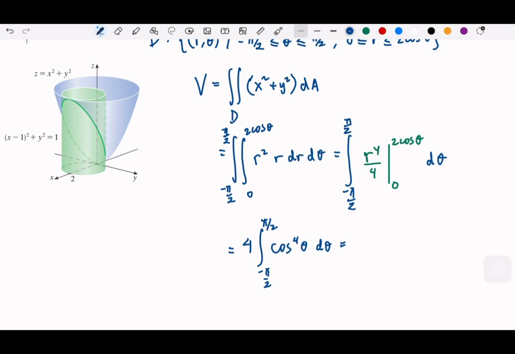And then, since this is a full circle, we can take this multiplied by 2, and then take this from 0 to pi over 2.